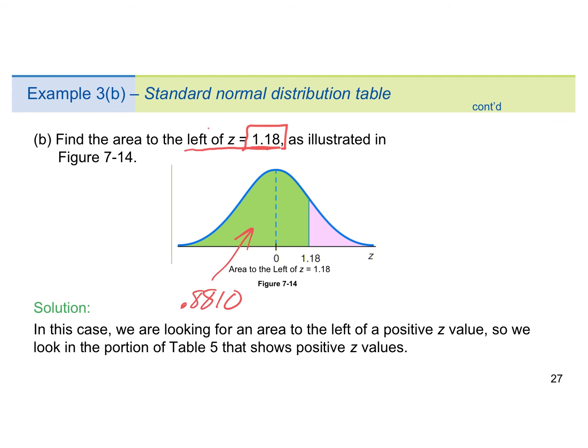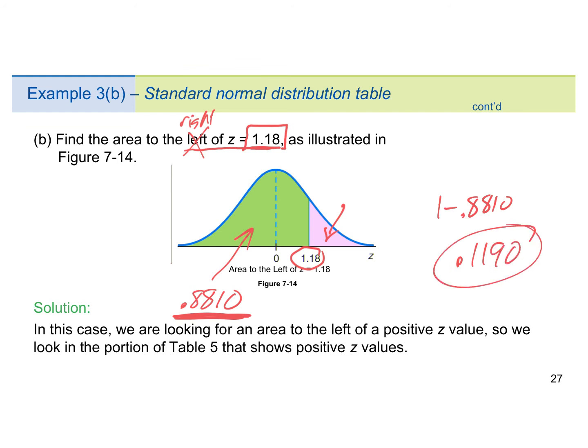And if I change this to the word right, which is this area, you still look up 1.18, you still get the 8810, but since it's to the right, it's going to be 1 minus the 8810, which is 0.1190. That is the area to the right of a z-score of 1.18.